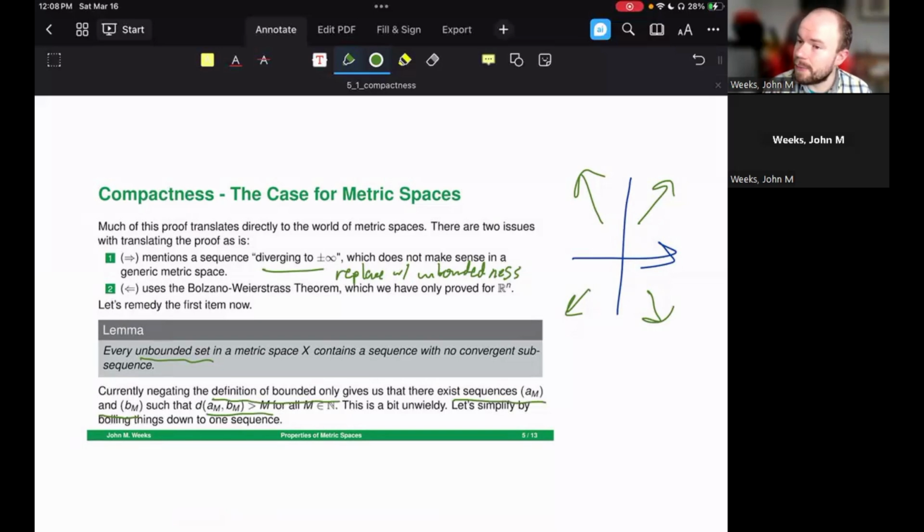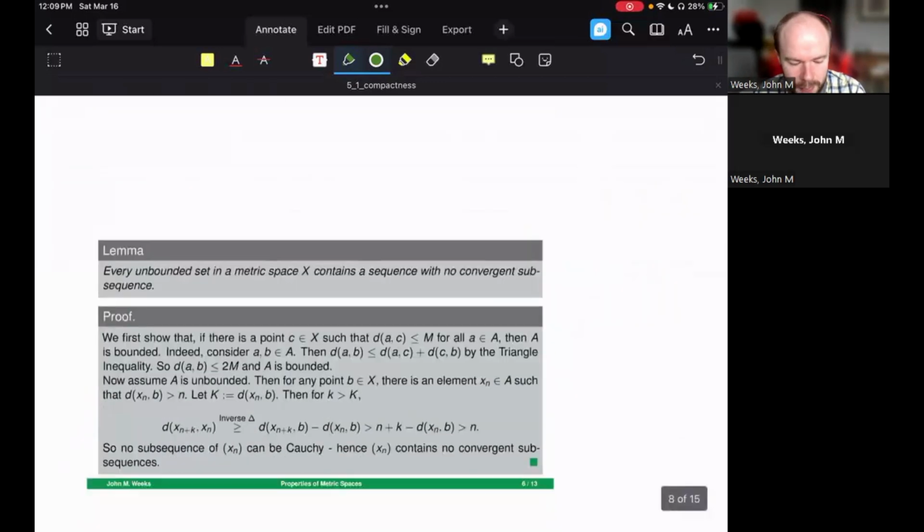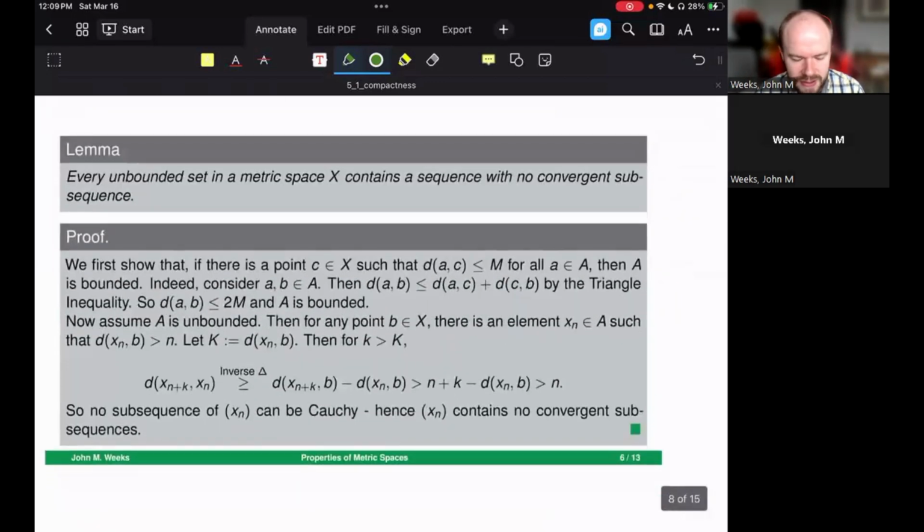This is what we get from negating that definition of bounded. And that's a little bit unwieldy for us, because I'm asking for one sequence that has no convergent subsequence, and how am I supposed to know if a sub m and b sub m does the job? Well, let's simplify things by boiling them down to one sequence with this particular proof.